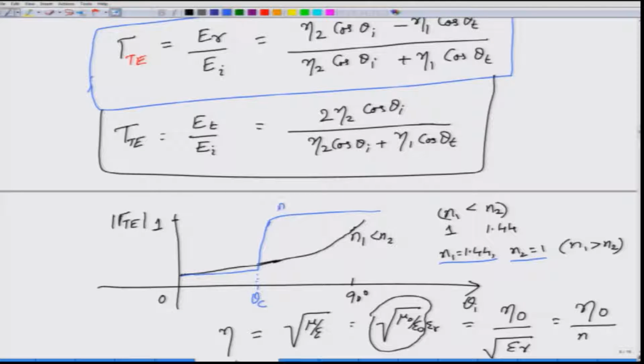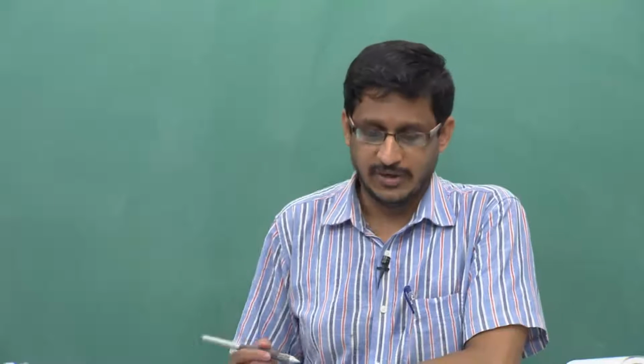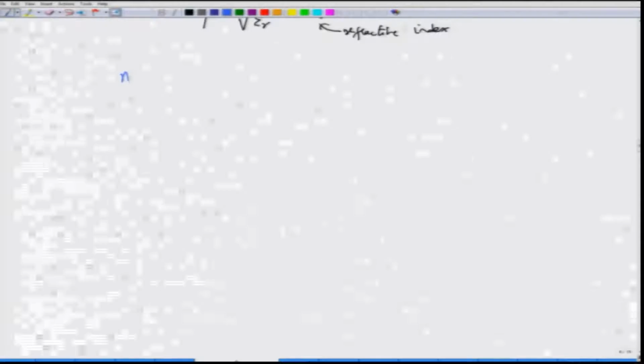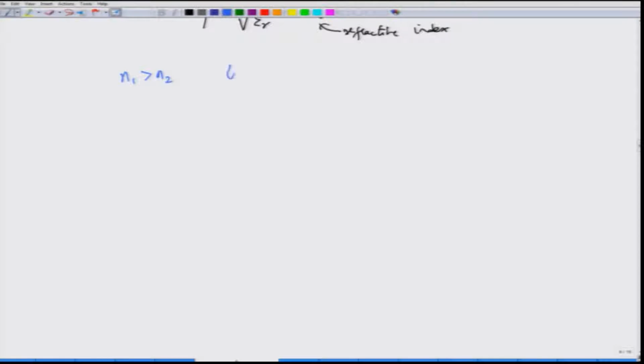This happens only when N1 is greater than N2, that is, the incident medium has a higher refractive index compared to the second medium, which is of a lower refractive index, that is, going from denser to rarer medium. This phenomenon, when N1 is greater than N2 and there is a certain angle called the critical angle, is called total internal reflection. Okay.